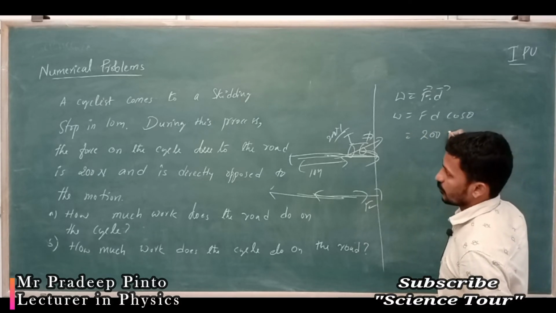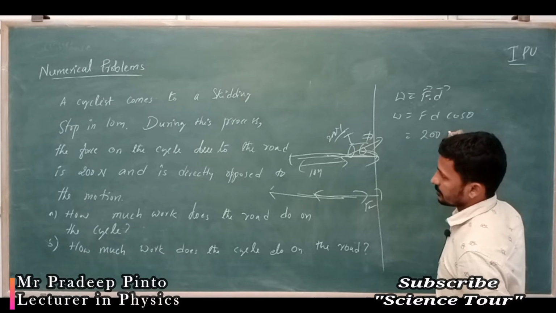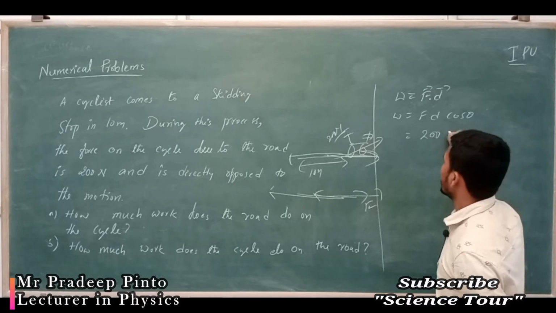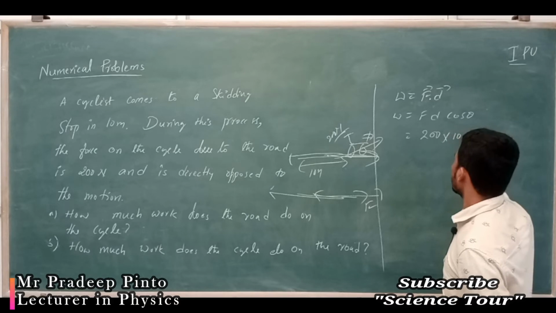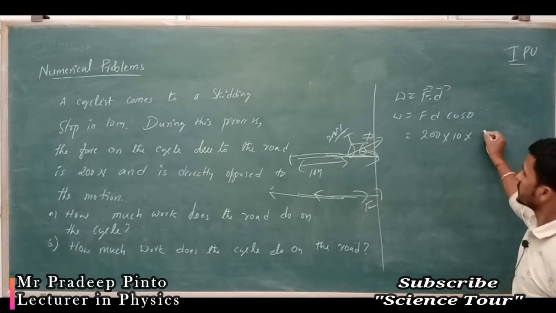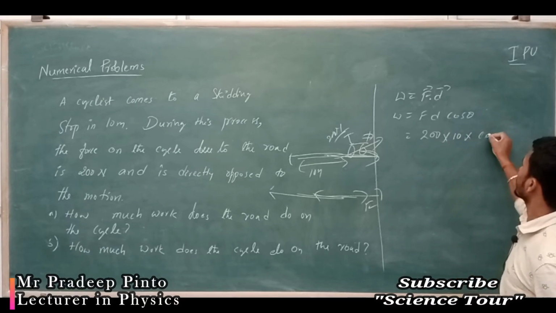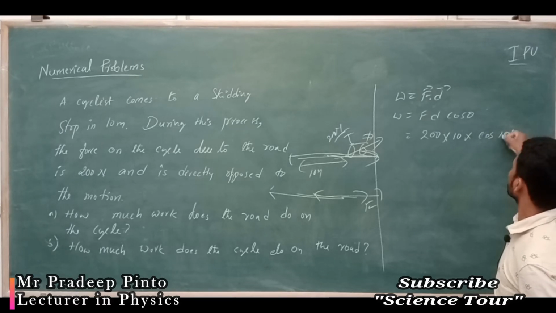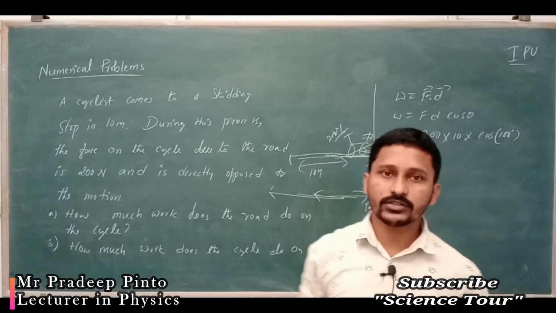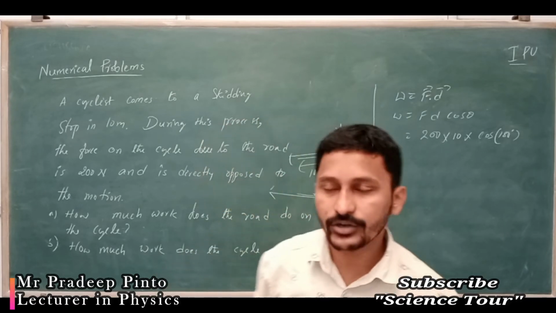That is the force applied by the rod on the cycle, and d is 10 and theta is 180 degrees. So cos 180 degrees. Now what are you going to get?